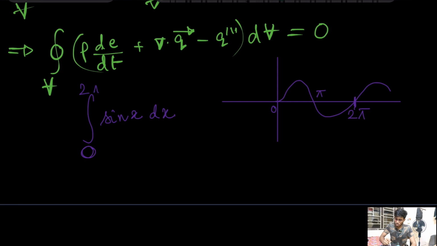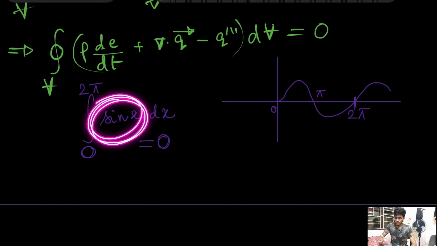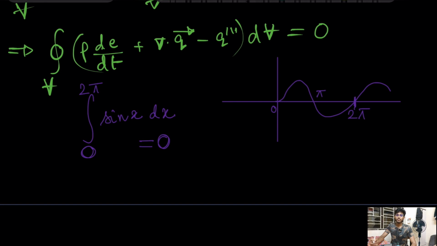So 0 to 2 pi. I know that this is 0. Then can I say that sin x is 0? I cannot say, right? So sin x can have multiple values at all other x coordinates, and those can be anything other than 0.